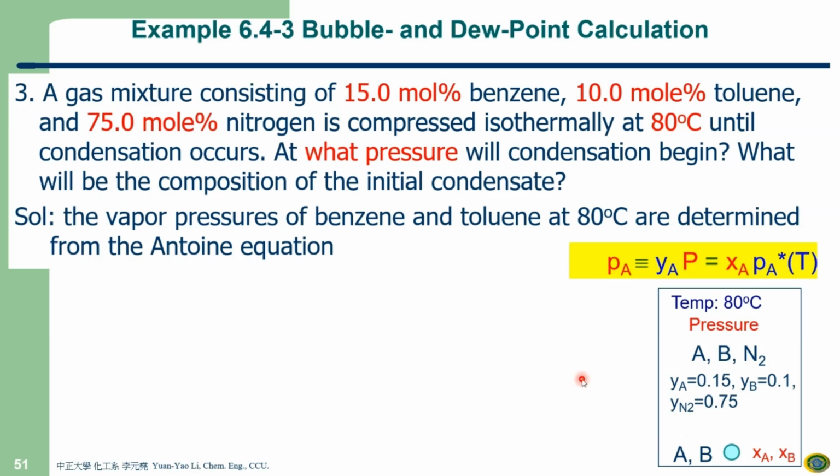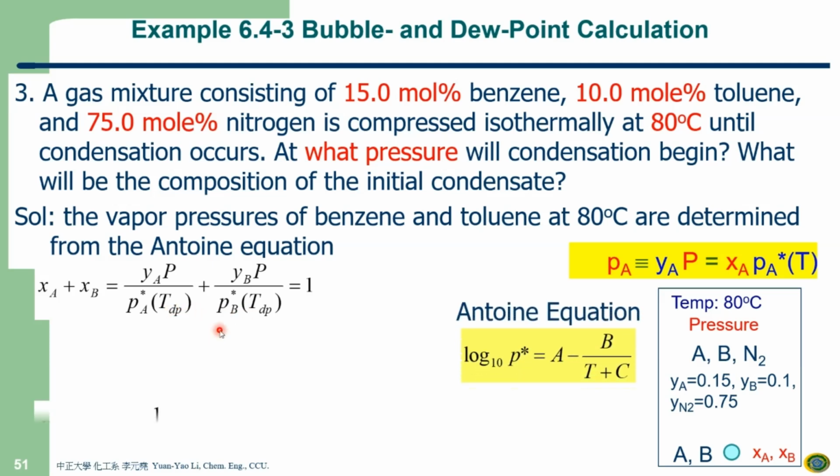So how are we going to do this? Again, once we want to know the liquid phase, we need to add up A and B together, equal to 1. So let's put this equation, A and B together with Raoult's law equal to 1. Because the temperature is constant at 80 Celsius, you use the Antoine equation, put it here and here.